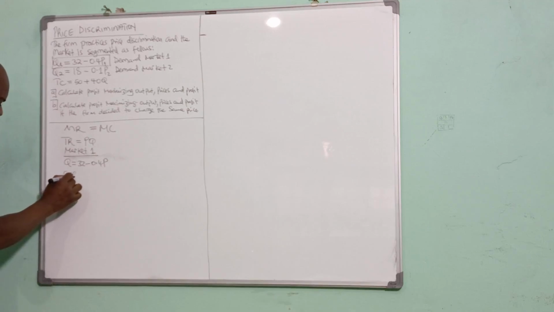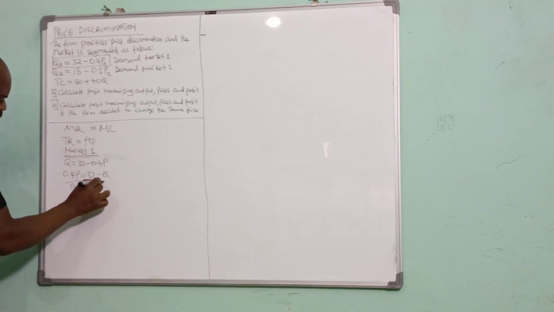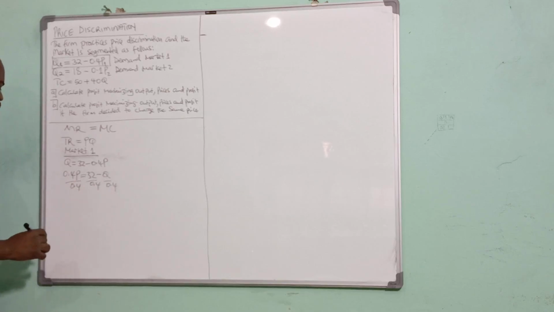It will be positive 0.4 P is equal to 32 minus Q. And then 0.4 here, 0.4 there, 0.4 there. Okay? So P is equal to 32 divided by 0.4.